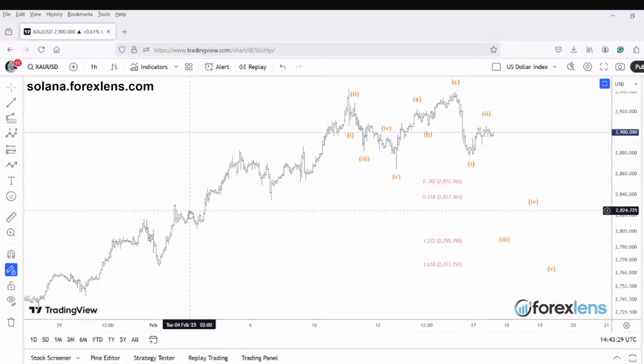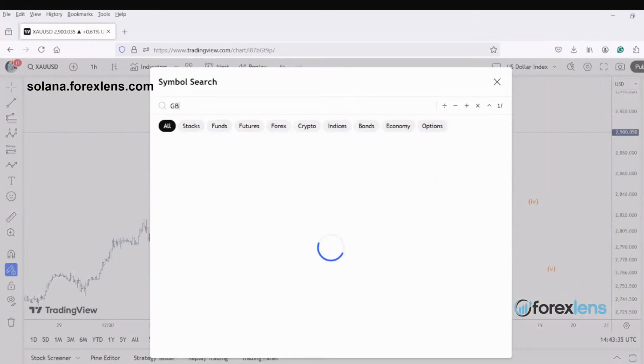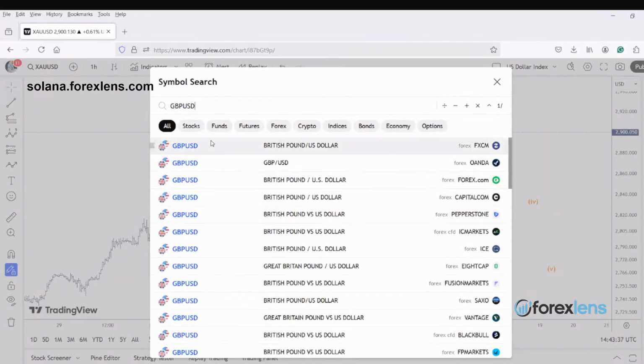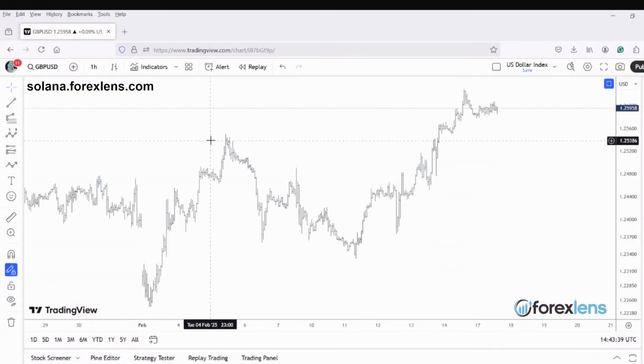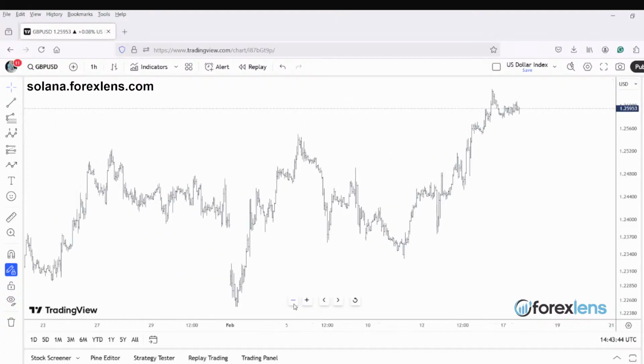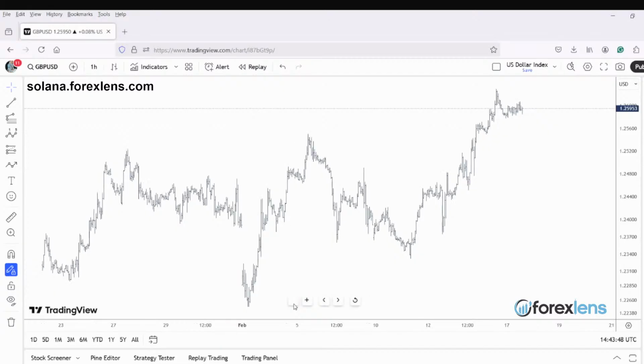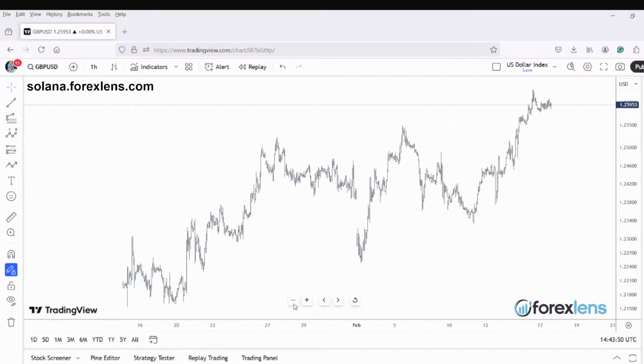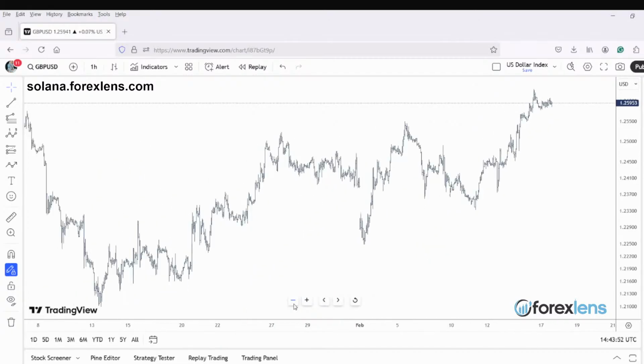All right, sir. So that is gold. We can pick up pound now. Pound is quite a bit showing more strength. It normally does every time, but it's certainly showing more strength than other crosses like Euro USD, other majors actually.